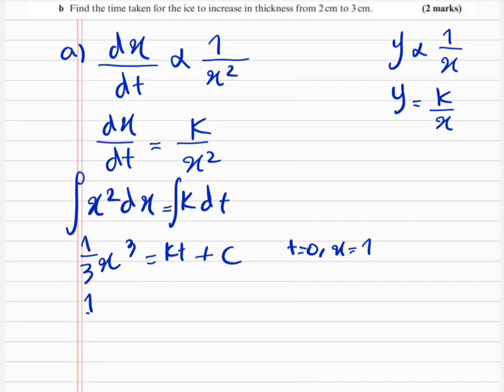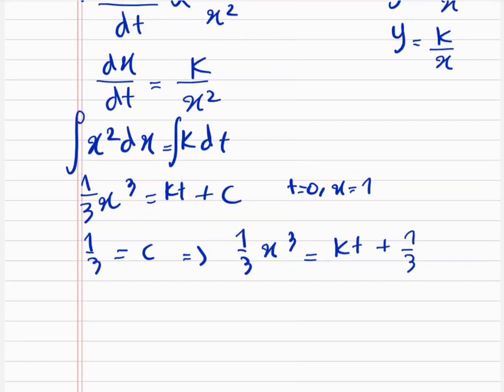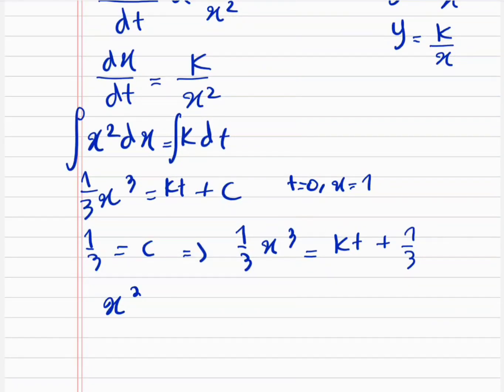So 1 over 3 is equal to c. Therefore, 1 over 3 x cubed is equal to kt plus 1 over 3, and multiplying both sides by 3, we get x cubed is equal to 3kt plus 1.